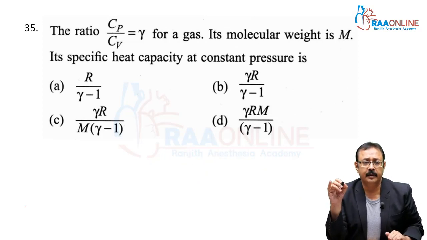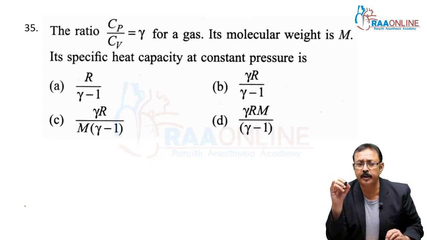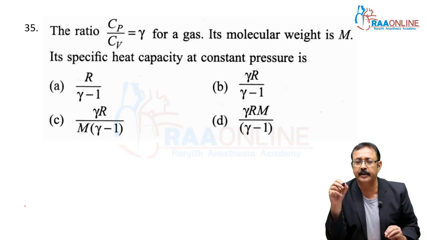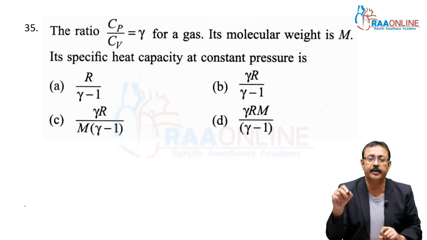Next, 35th: the ratio Cp upon Cv is gamma for a gas. Its molecular weight is m. Its specific heat capacity at constant pressure is.